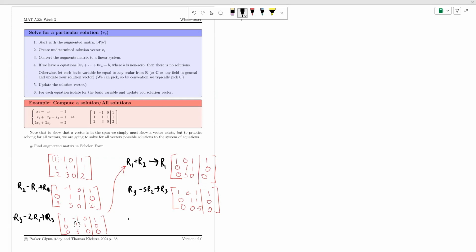Now I can take 1 over minus 5 times row 3 to replace row 3, giving me 1, 0, 1, 1, 0, 1, 1, 0, 0, 0, 1, 0.